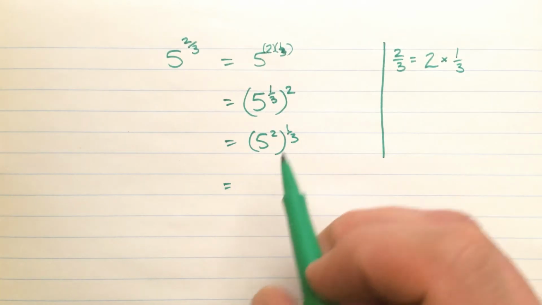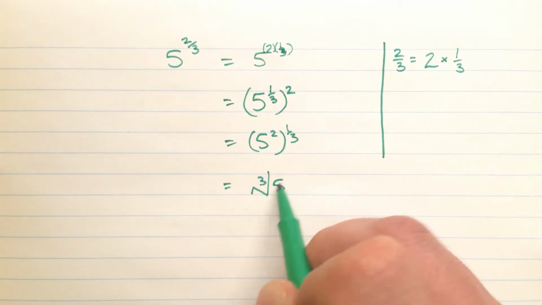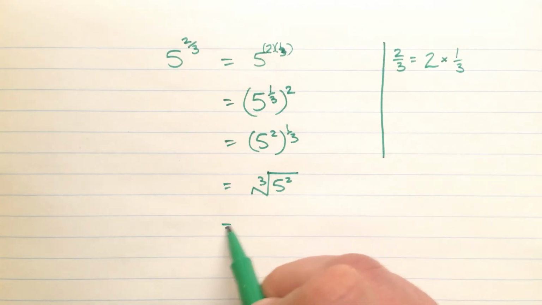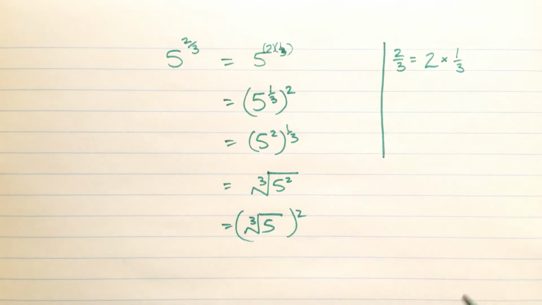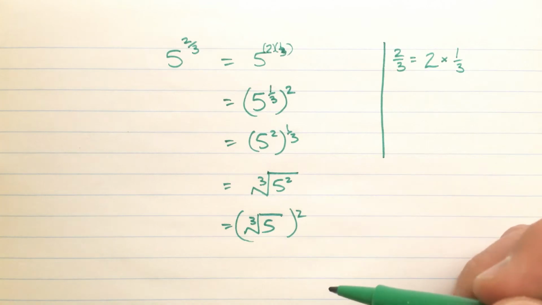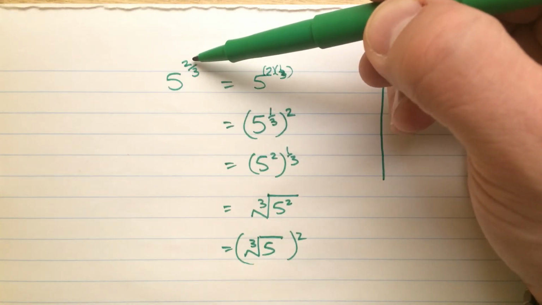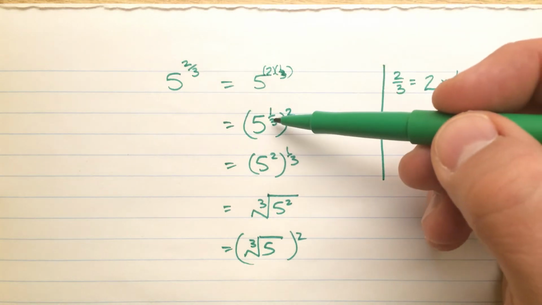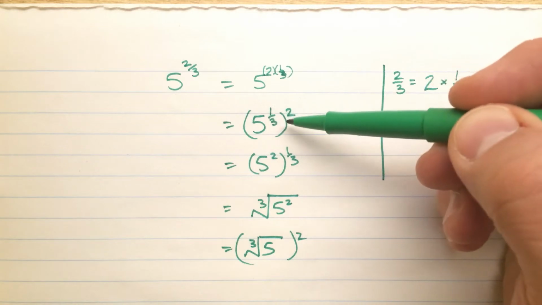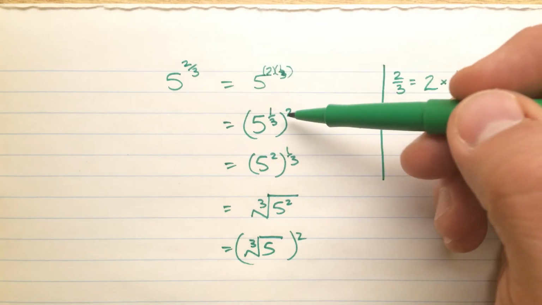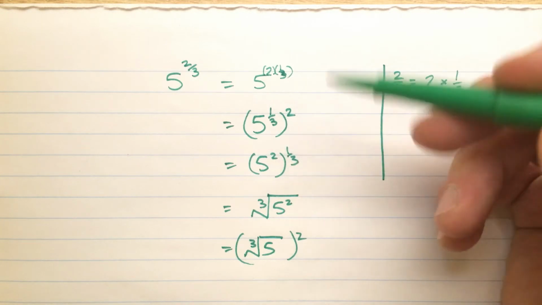Now what that means is this second one is the 3rd root of 5 squared, or the other one I could rewrite as the 3rd root of 5, all squared. And they're all the same. Everything here is equivalent. So whenever you have a fraction with a numerator that's not 1, you can take the same denominator with a numerator of 1, and move the numerator to the outside.